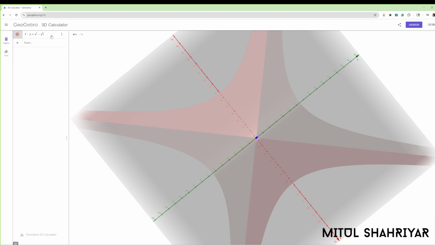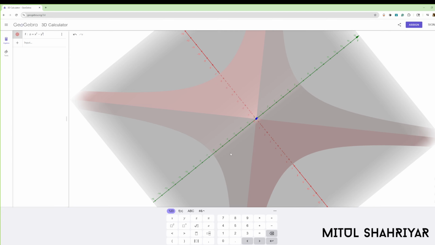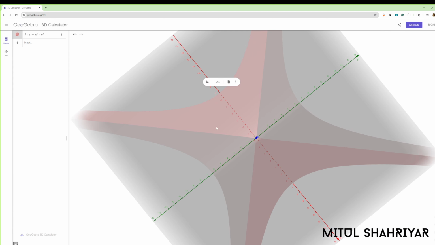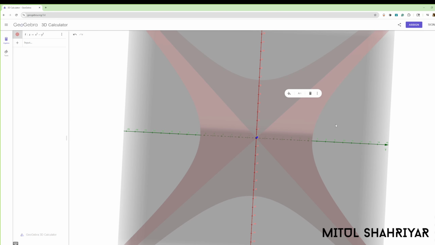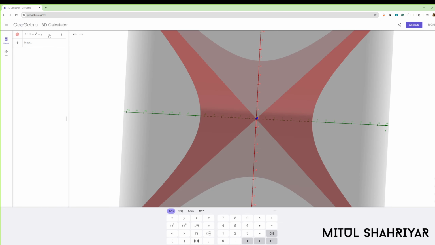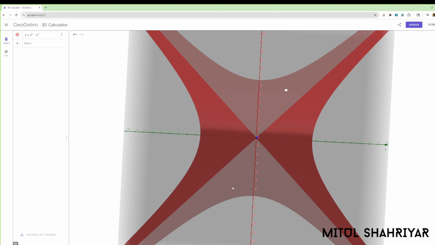Let me remove that and try again. z equal to x square minus y square.